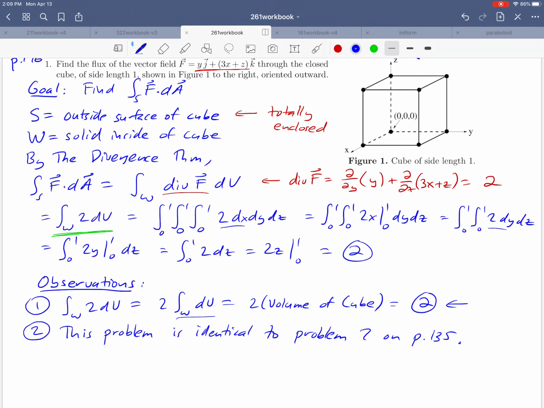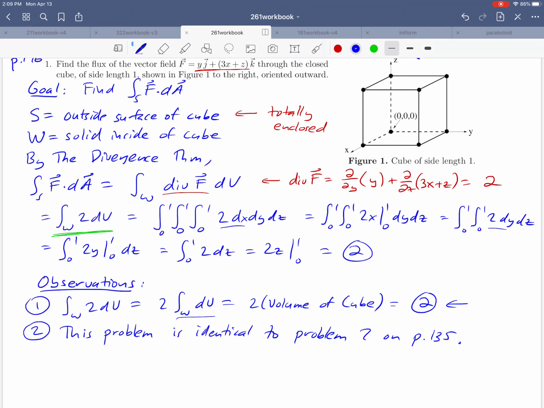Maybe pause this video and take a peek back at problem 7 on page 135. Take a look at the solution, and look for 2 things. Number 1, did we get the same answer? The answer that we got is 2. Does that agree with the answer on page 135? And second, think about which way of doing the problem was easier, the way that was done back on page 135 or the way that we did it here? Try that.